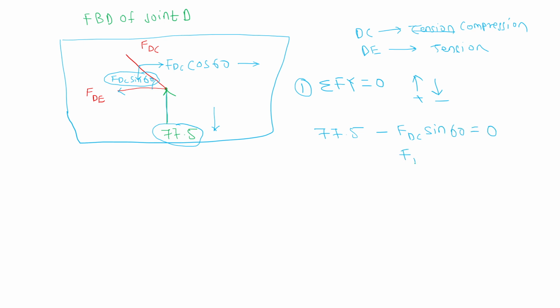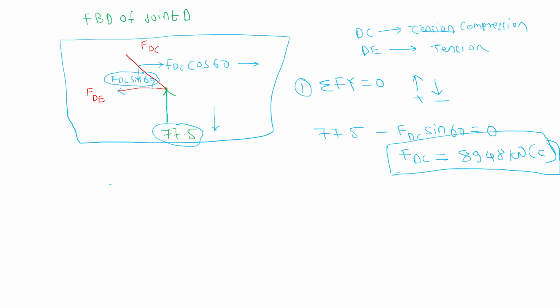So FDC is equal to 77.5 divided by sin 60. So 89.48 kilonewton, right? And we have assumed this compression. Our answer is positive. That means correctly assumed.